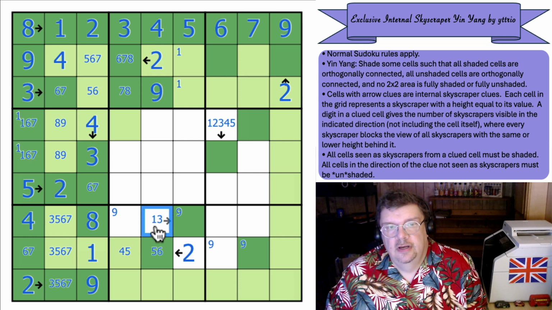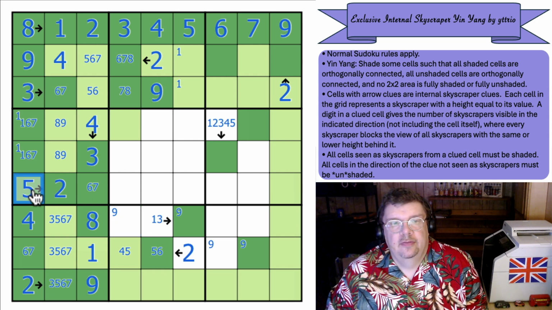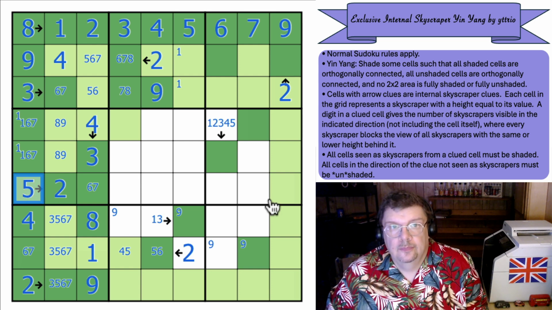If this is a 3, hang on a minute. No, I just thought about this. All right. So the last digit that skyscraper sees is a 9, because there must be a 9 in this row.